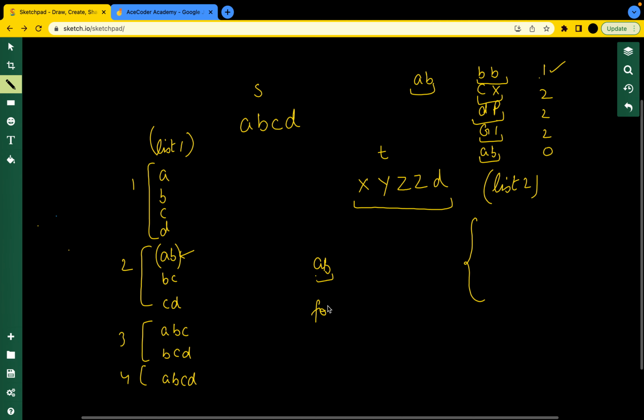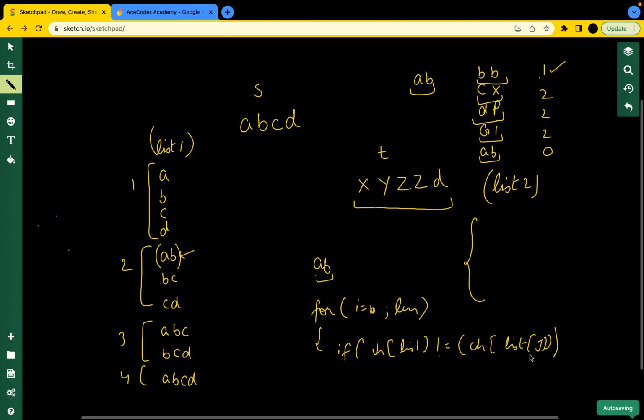For this, we will simply apply a for loop from i equal to 0 till the length. And if the character of list 1 at i is not equal to the character of list 2 at j, that we are standing at, then we will simply increase this difference variable.